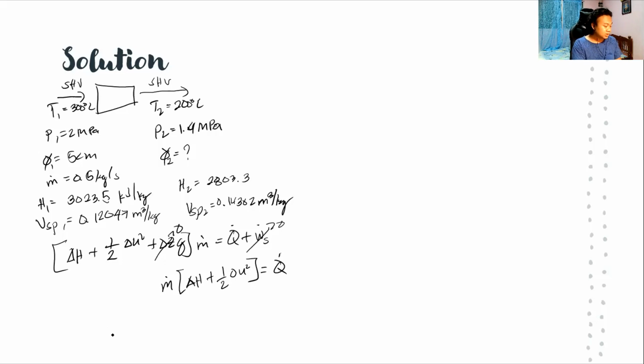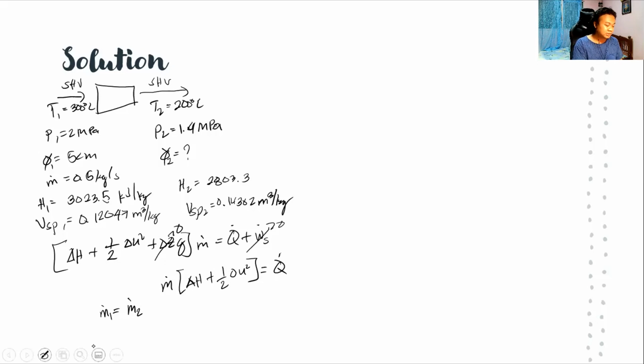Now, let's look at the system here. We are given the mass flow rate here. So let's start with the continuity equation, which states that the mass flow rate of the inlet is equal to the mass flow rate of the outlet.